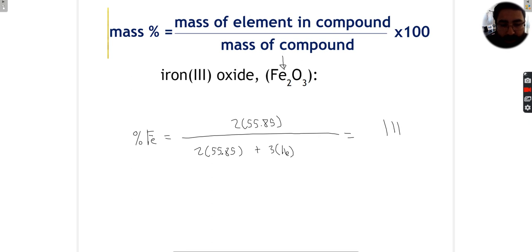You get 111.7, or 111.69 if you didn't round. Then we add 48 to it, and that's going to be 159.7 at the bottom. And I forgot to write the times 100.